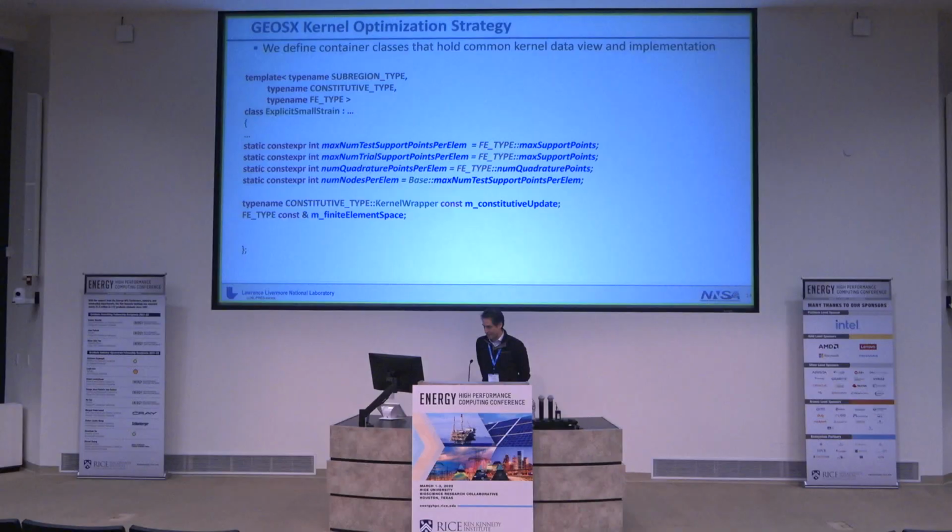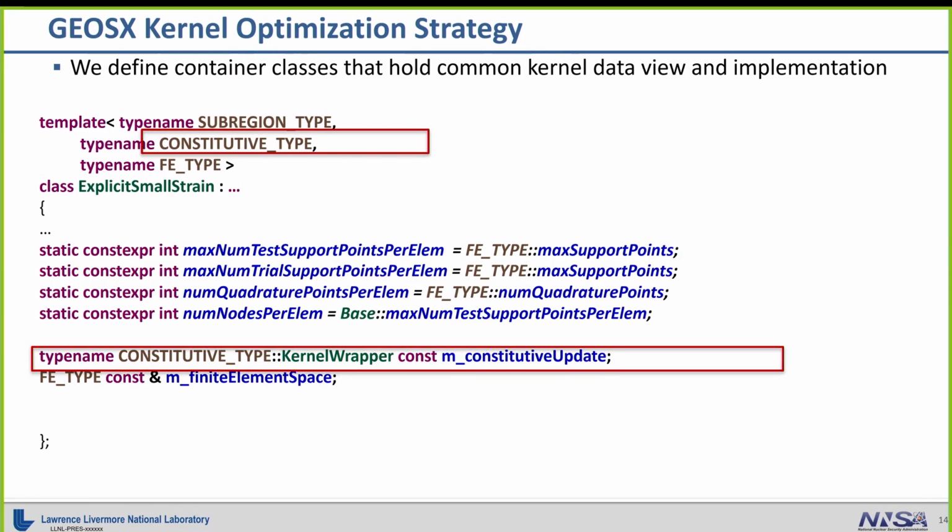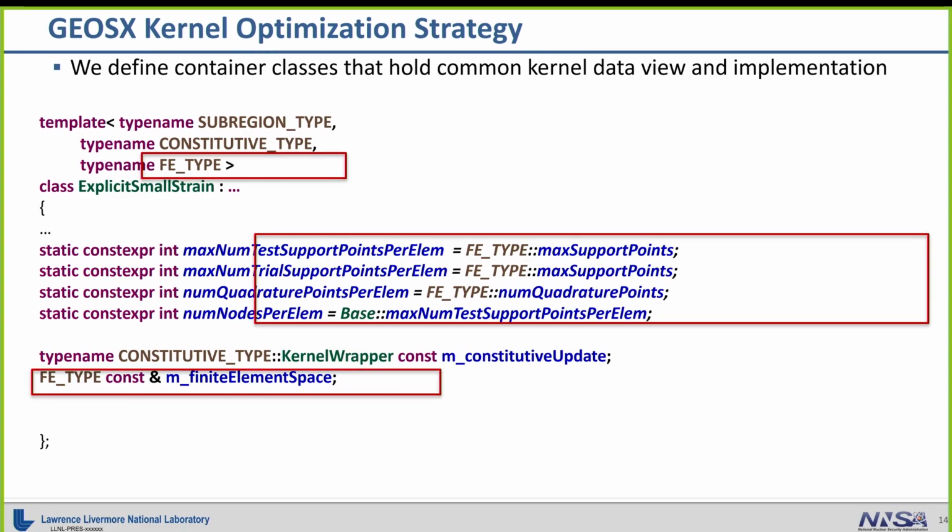So this is a typical class that wraps our kernels, and it would be templated on constitutive type. You can see we create an object that is this wrapper that wraps all our constitutive data and constitutive algorithms. So everything instantiated in this class knows what constitutive type it is supposed to be working on.